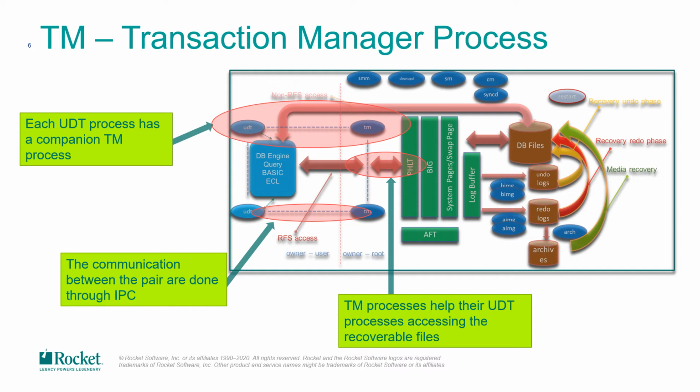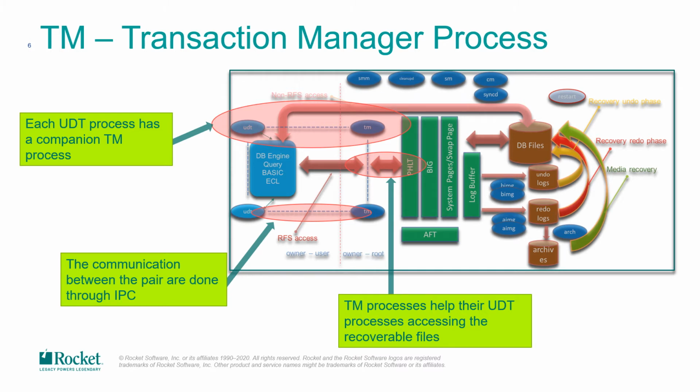The first one is the transaction manager process. Each UDT process has a companion process called the transaction manager process. The transaction manager process helps its UDT process access the system buffer. Our UDT process communicates with its TM process through system message queues.